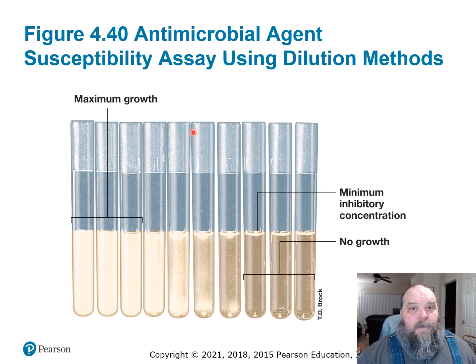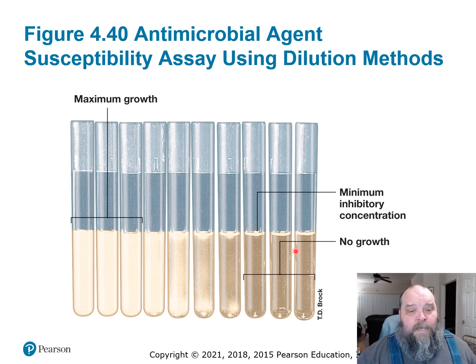If you're going to do the broth method to find the minimum inhibitory concentration, you first take some broth that has your chemical, your compound, in it, and then run a series of dilutions, from high concentration to low concentration. Then you inoculate every tube with the same number of bacteria, step back, wait, and see what grows.